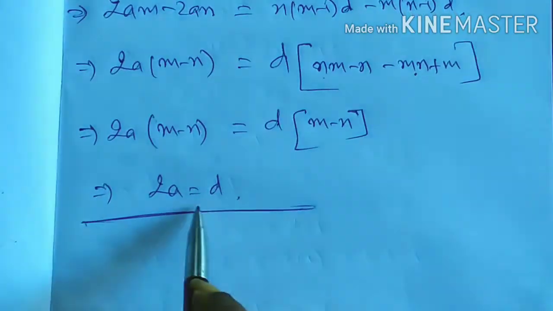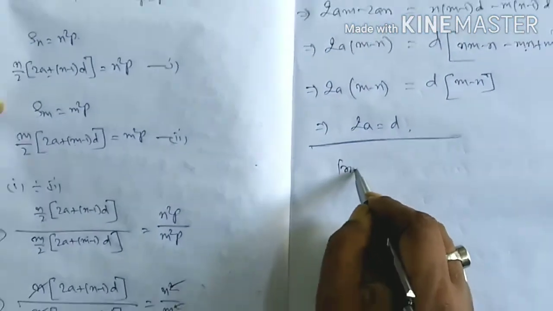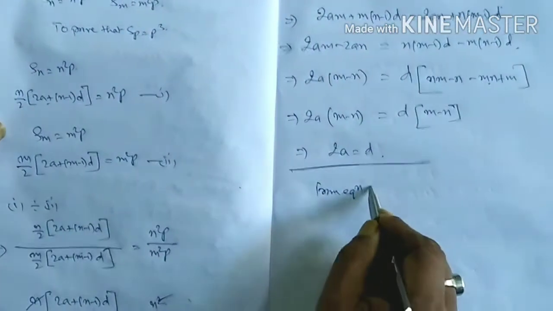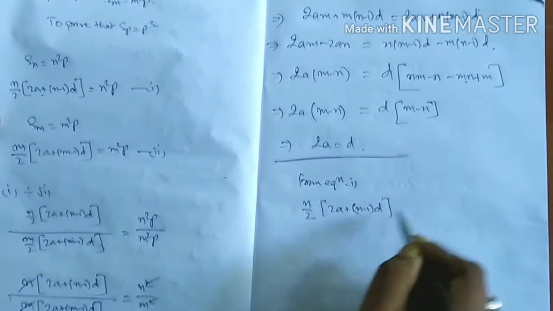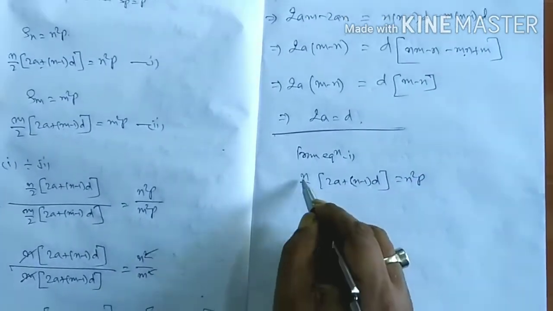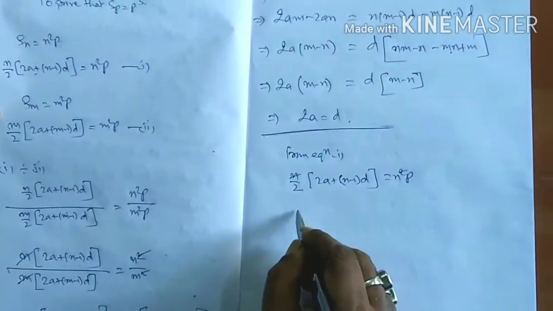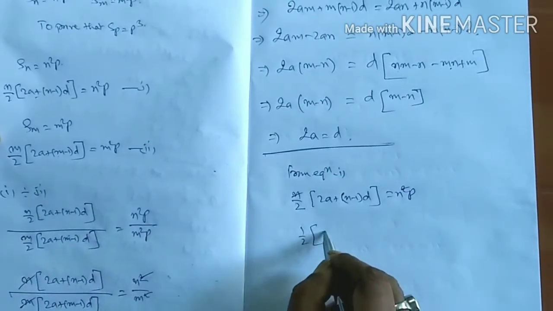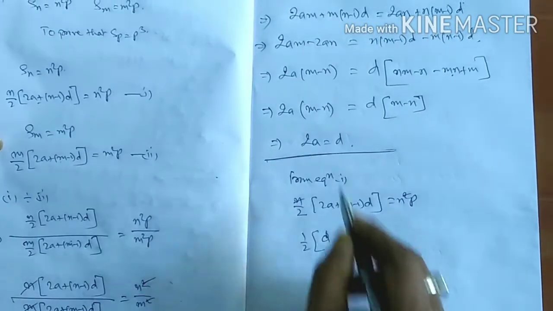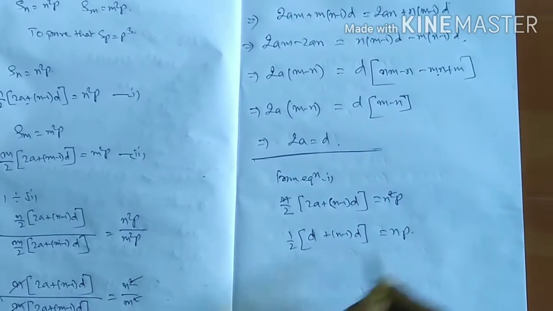Now I am going to put this value in equation 1. From equation 1, n by 2, 2a plus n minus 1 d, is equal to n square p. Here 1 n and 1 n cancel out, so 1 by 2, the value of 2a is d, d plus n minus 1 d, is equal to np.